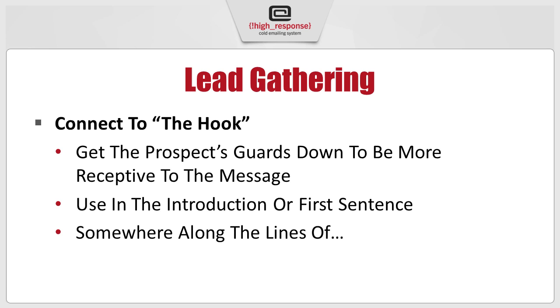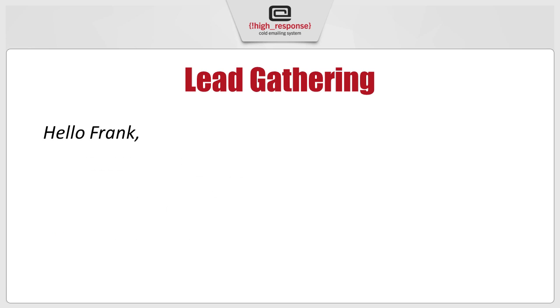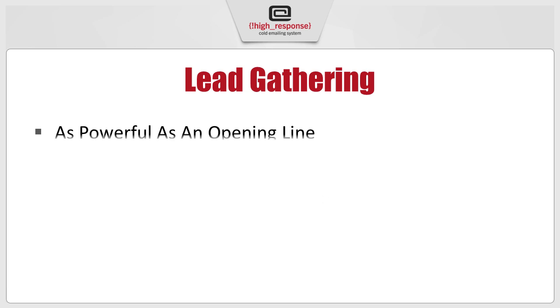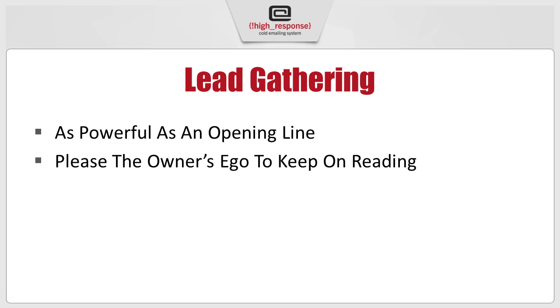So it goes somewhere along the lines of, "Hello Frank, I read about you recently being named one of the top plumbers in the county by County Journal magazine. That's great news. Congrats." So when you look at it, this is about as powerful an opening line as you could ever get. What you're trying to do is appeal to the owner's ego, and they're going to want to keep reading.